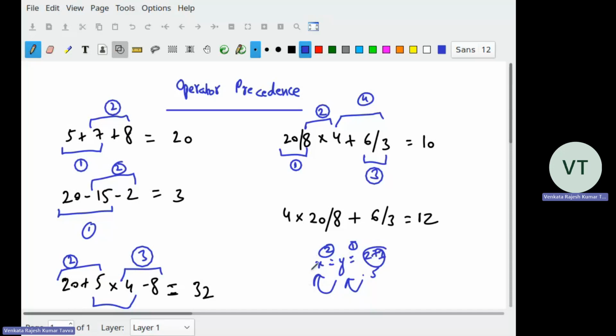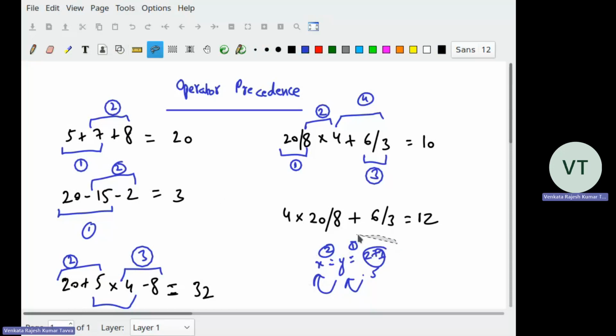So there are some operators which have left to right associativity. There are some operators which have right to left associativity. Most of the operators we know, arithmetic operators or logical operators, have left to right associativity. We will see more examples.